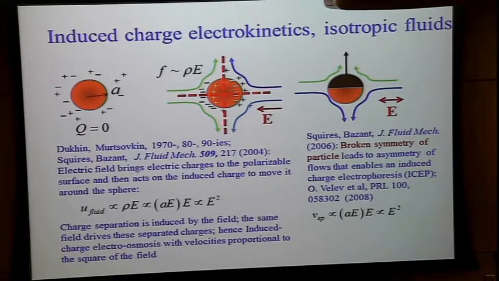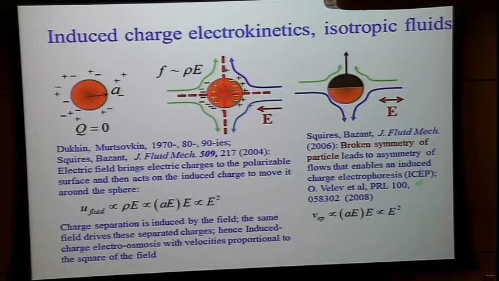And then it was Squires and Bazant who made the next step and said, let's suppose that your sphere is not just a sphere, but a Janus sphere. For example, it has one surface that is highly polarizable, a metal, and another one that is dielectric. Then I would create the same clouds, but now there is asymmetry in the created flows. Yesterday we had a nice poster from Granick's group that demonstrated experimentally how exactly these Janus particles move in the AC electric field.